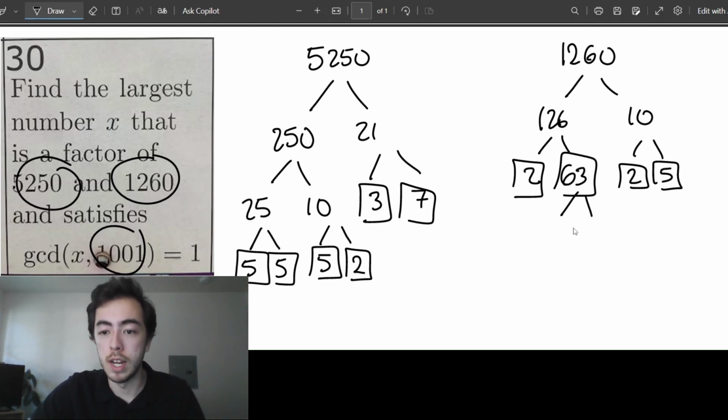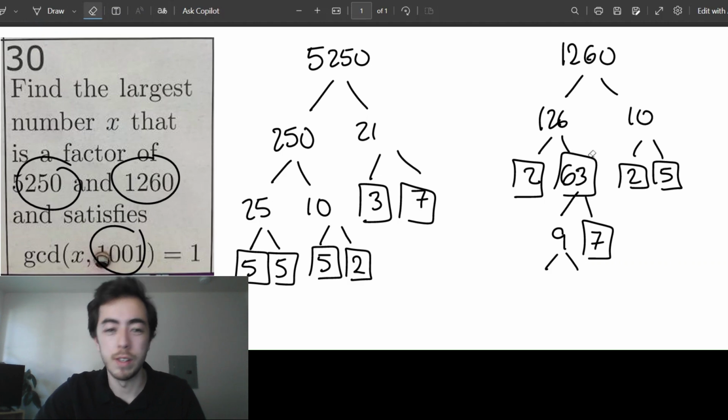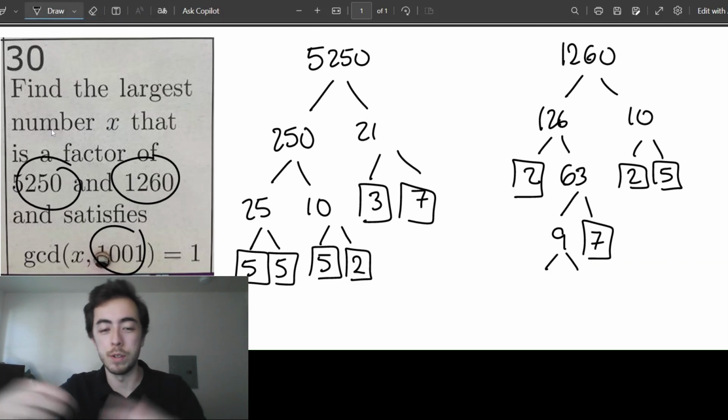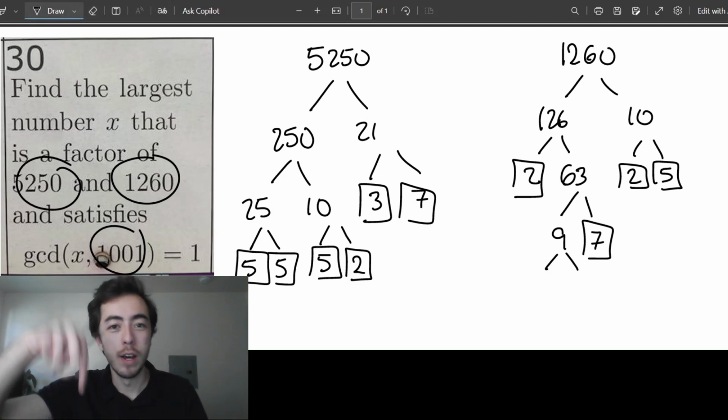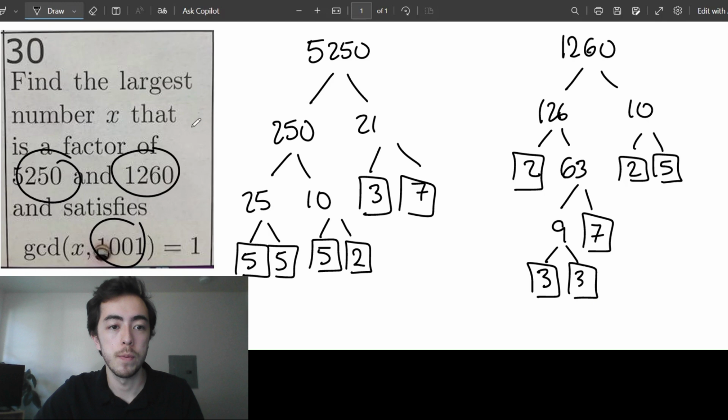That's going to be 9 times 7. 7 is another prime. I like to box or circle the prime numbers at the very bottom of my factor trees. And then finally, 9 is 3 times 3. And so now I've found all of the prime factors of 1,260.